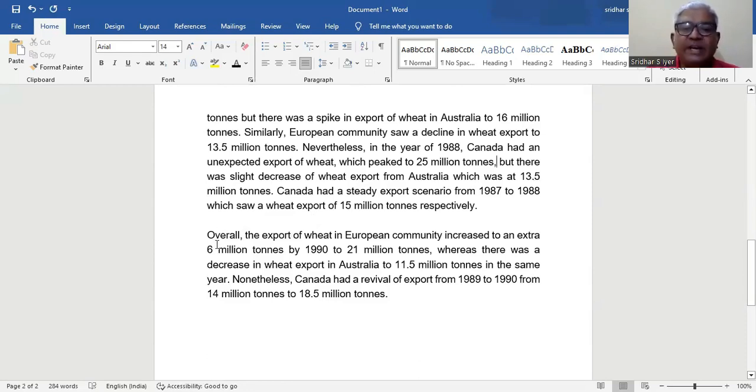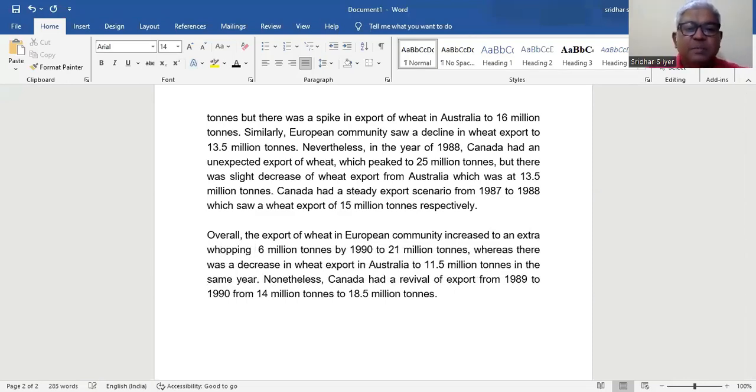Overall, the export of wheat in European Community increased to an extra whopping 6 million tons by 1990 to 21 million tons, whereas there was a decrease in wheat exports to Australia to 11.5 million tons in the same year.